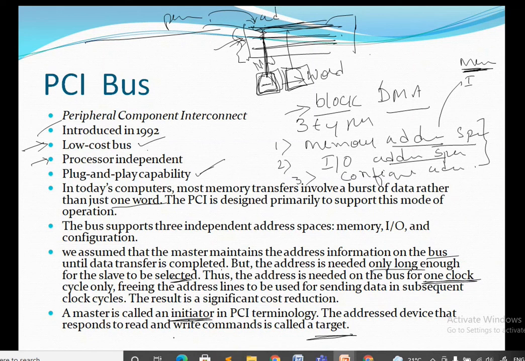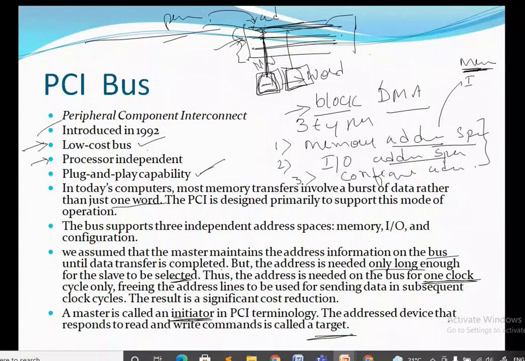Okay, and here I told there are two terms I'm going to use. The master is called an initiator. Okay, the master means who is going to request the operation, either read or write. So that becomes the initiator in PCI terminology. In the arbitration process, we used the term master. That is the only difference.